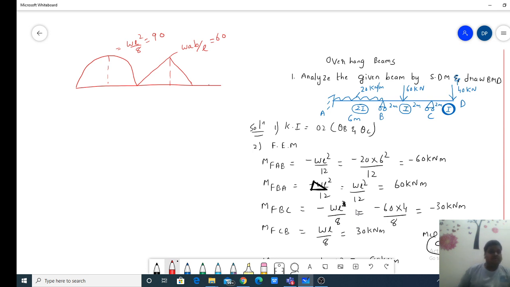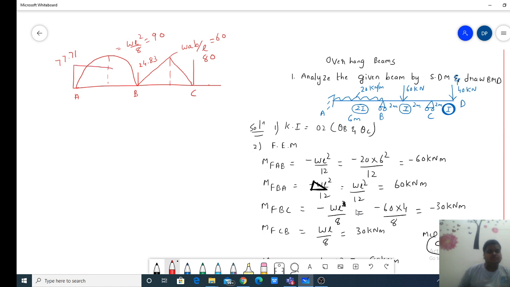So then at A, MAB, I got the value of 77.71. At B, I got a value of 24.83. And at C, this is A, this is B, and this is C, I have got a value of 80, right?